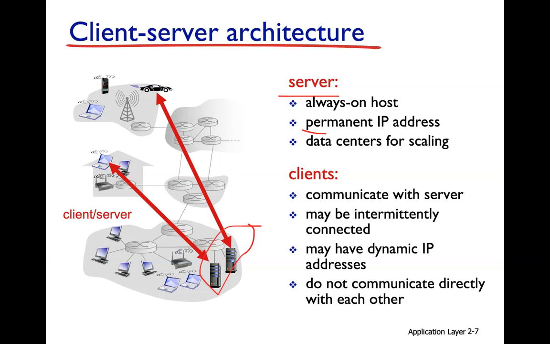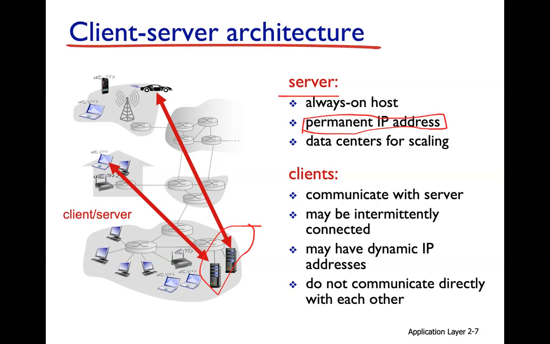This permanent IP is very important. You cannot change that IP address, otherwise the client cannot connect to it. And if you have too much data, then you may have data centers, or we call the cloud, for scaling. So you can store in the cloud. This is the server side.